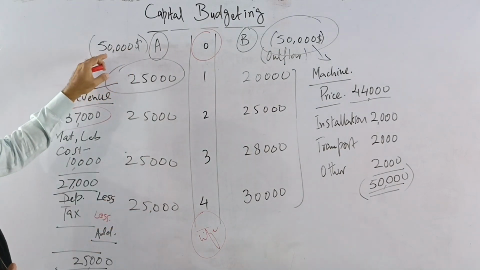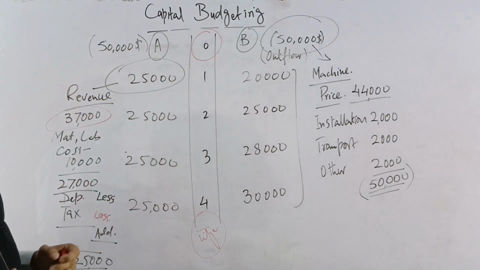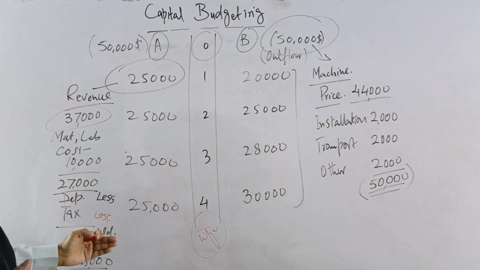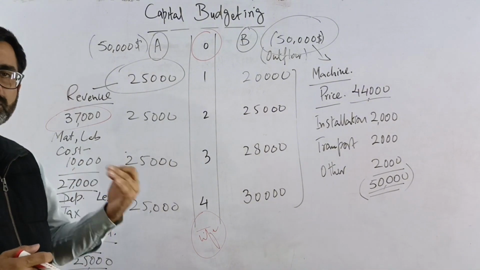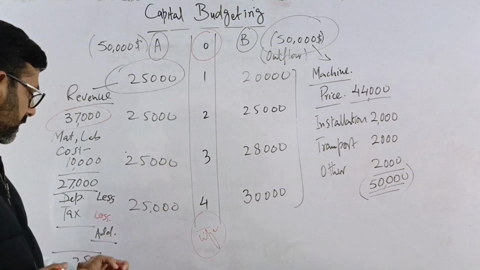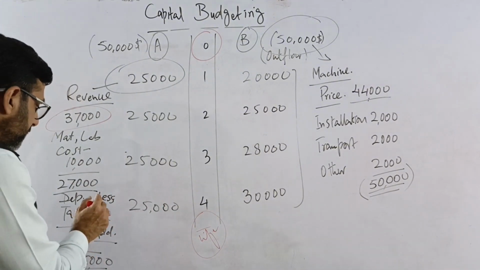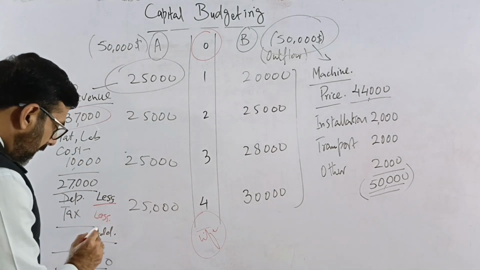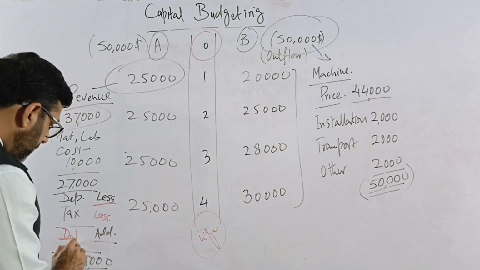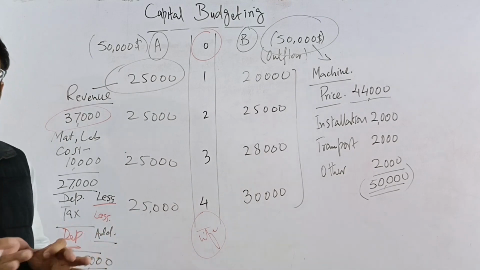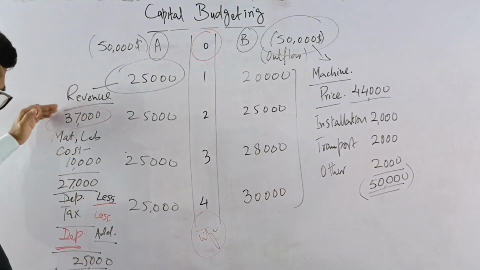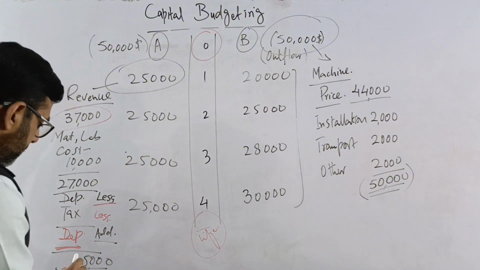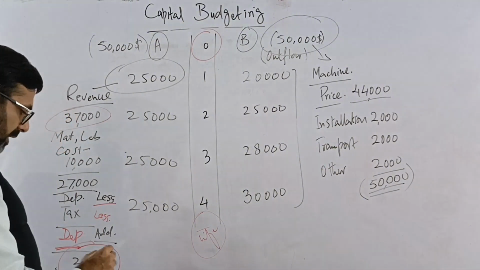For example, on 50,000 it will be 12,500 that we deduct. Then there is also tax, which is deducted: how much tax you have to pay on this production. Then, because depreciation is a non-cash expense, we add the depreciation back here. We are not going into much detail on how it is calculated, but after adding back the depreciation, the net amount we get is 25,000.